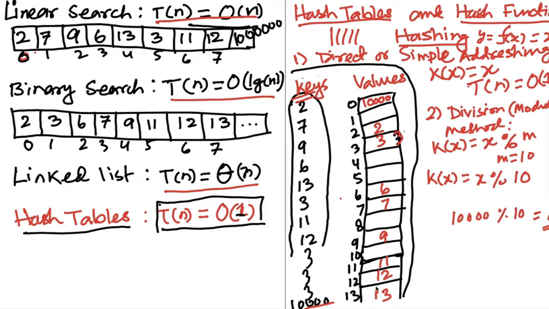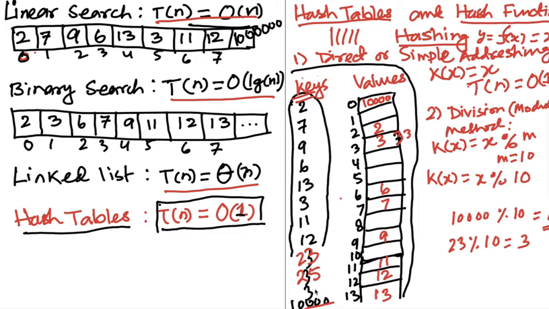Now, what is my array size over here? 0 to 13, that means the array size is 14, right? Now if I get another value, for instance 23, or for instance another value 25. We know that 23 modulus 10 will be 3, so it will go to position 3.